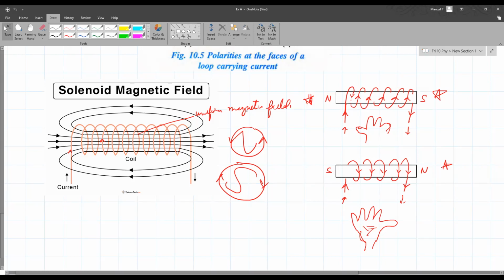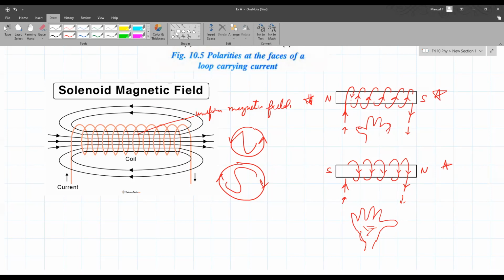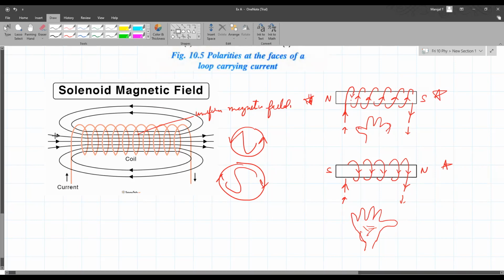So students, this is a solenoid. And when you allow current to flow through the solenoid, it creates a magnetic field. And in that magnetic field, if you insert a metal like an iron rod, that iron rod will get magnetized and it will start behaving like a magnet.